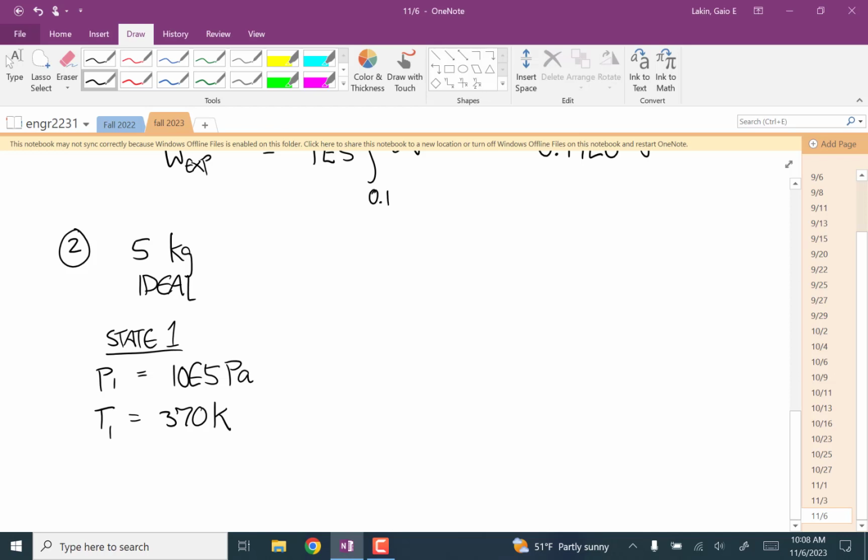And it expands to a final state where the pressure is 5 bar, so 5 times 10 to the 5th pascals. It's an isothermal process, so the temperature stays the same.